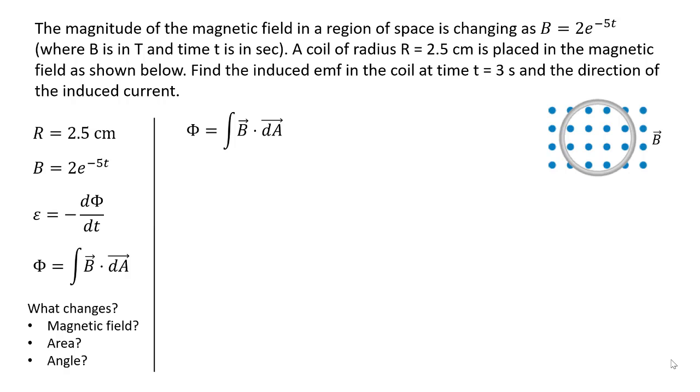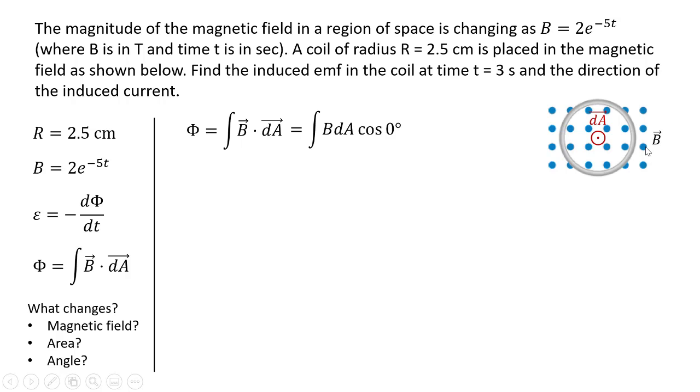Flux equals the integral of the dot product between the magnetic field B and the area vector dA. And we are going to write first the dot product. Remember, the dot product is equal to the integral of the magnitude of the first vector, which is the magnetic field, multiplied by the magnitude of the second vector, which is the element of area dA, multiplied by the cosine between them.